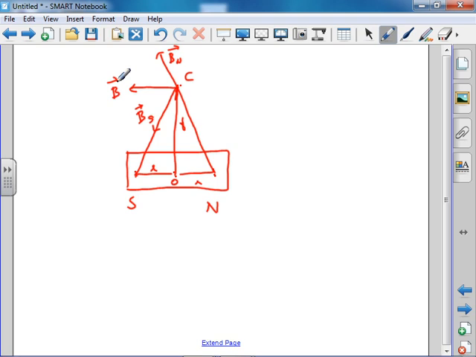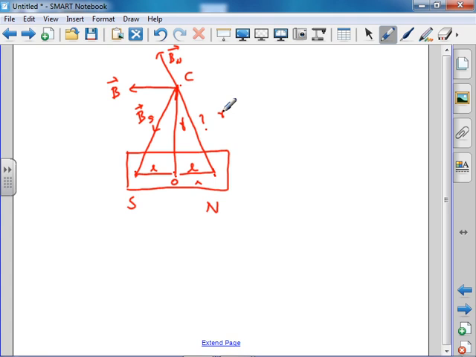So as we already know, the distance of point C from the geometric center is r, and this distance is L, a known distance, that is half the magnetic length. So what would be this distance?